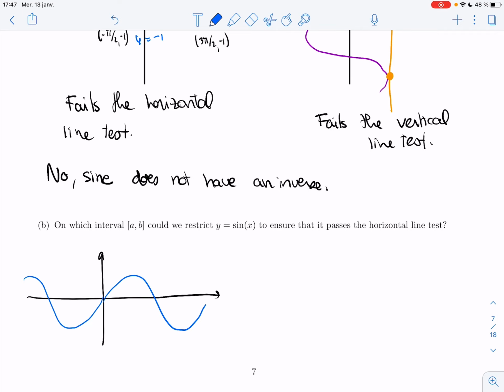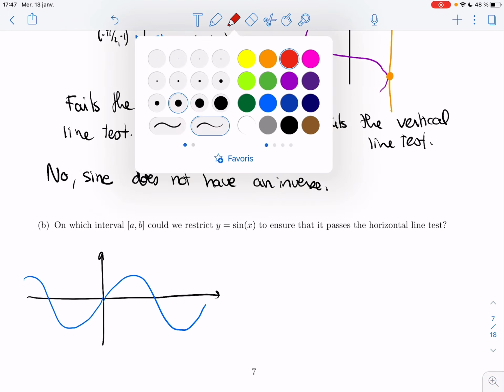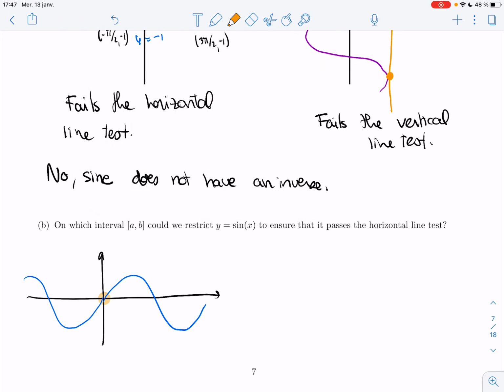So let's say I want to include 0, just because we like 0 so much. I want to include 0, and I want to include as much as possible of this graph without repeating any value, without hitting the same horizontal line twice. So I would be able to go up to here, but as soon as I reach the top, I have to stop.